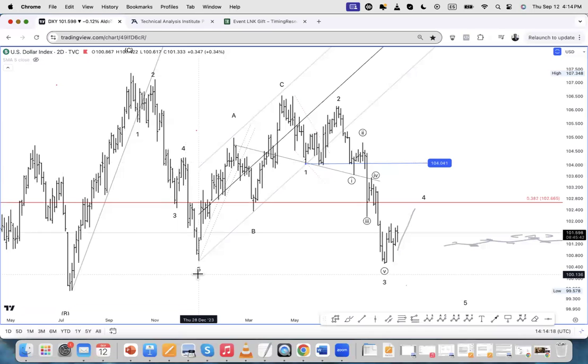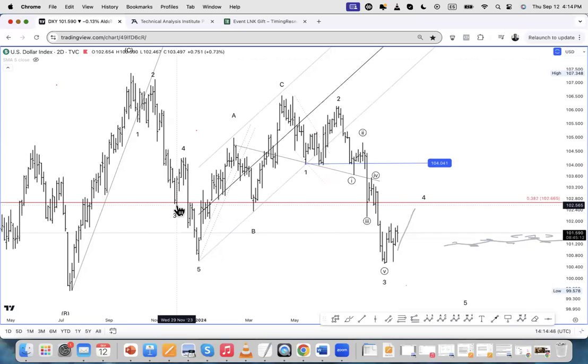Among those, each one of these motive waves, the waves that are moving in the direction of the trend, should have 5 waves. And you can see in this case, very clearly, 1, 2, 3, 4, and 5 for wave 3. Not all the waves, or the subwaves, I should say more properly, are visible in one time frame.